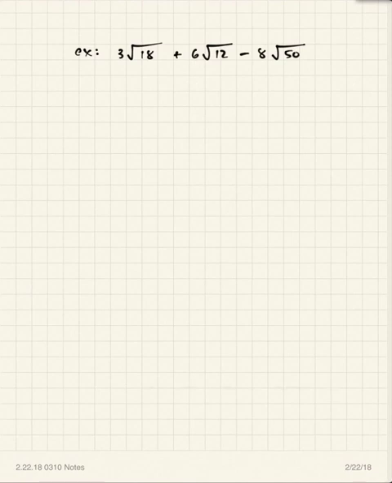All right, so none of those are like radicals. So let's go ahead and simplify each one of them. So you simplify each first. So simplify each square root first.